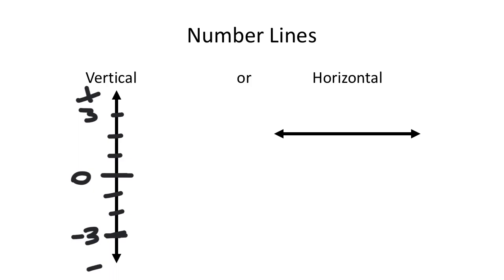And then we have this horizontal number line as well. On horizontal number lines, to the right is positive, and to the left is negative. So looking at values to the right, 1, 2, 3, that would be 3 right there. To the left, we have -1, -2, -3 here. Okay?